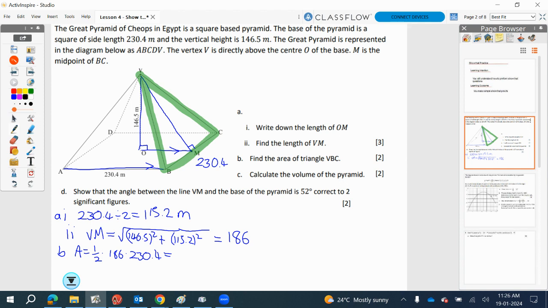It's 21,427.2. If you have 21,472, you've made an error. It's three significant figures. What did you enter for the 186?